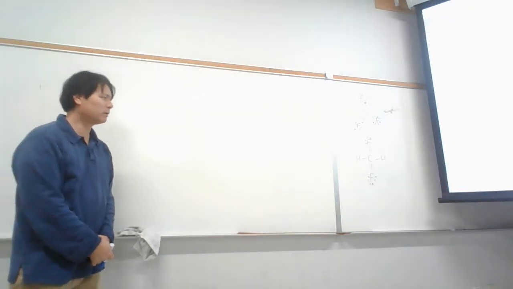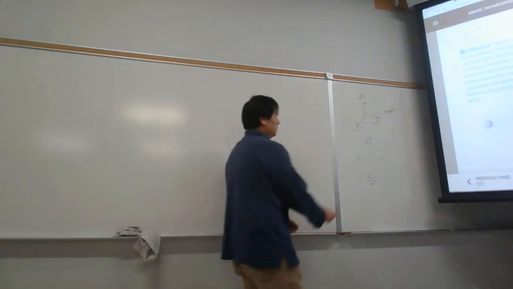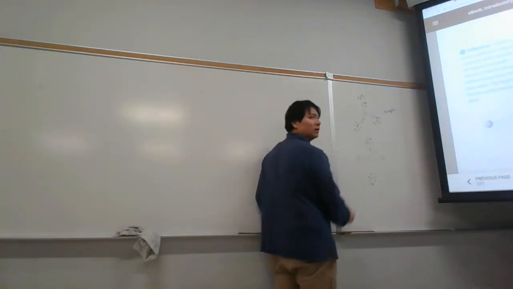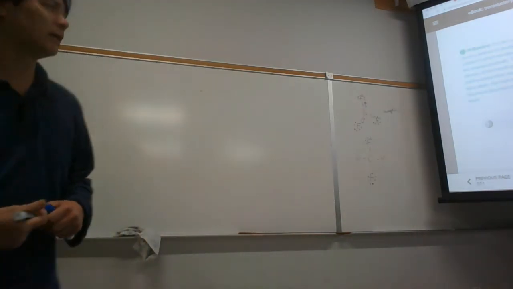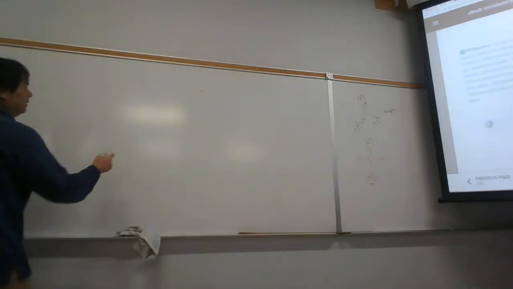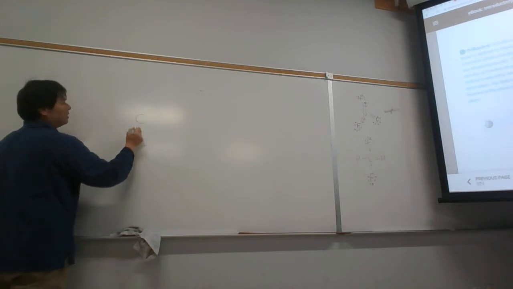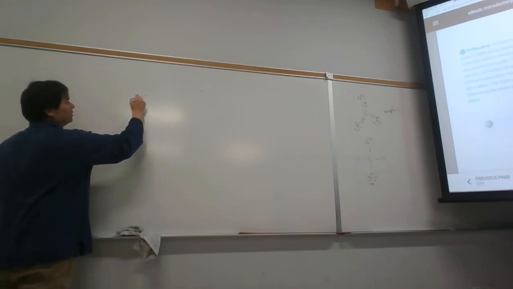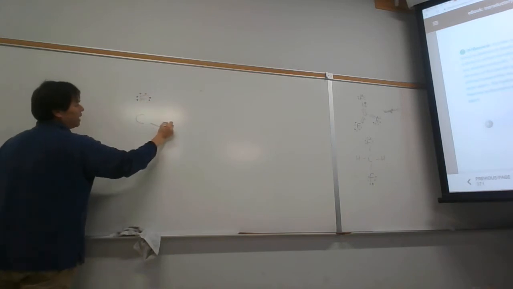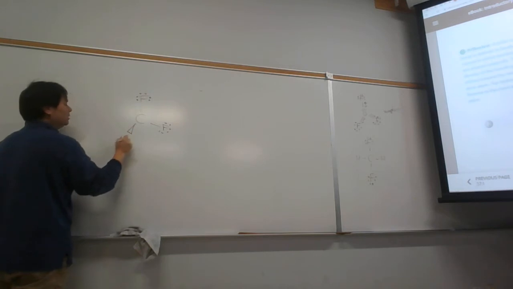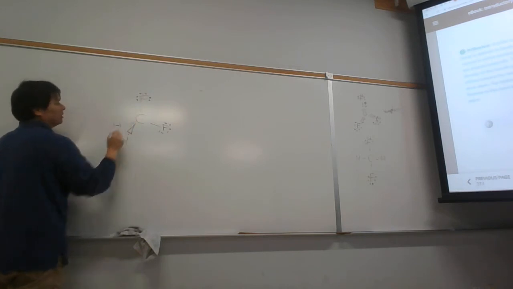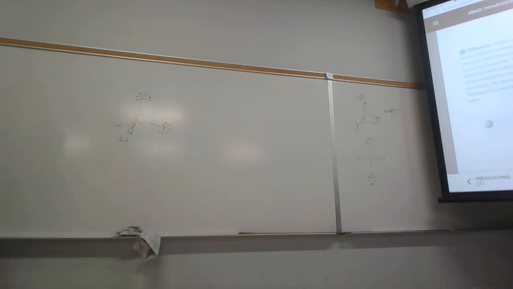Aren't they 180 apart? Are they 180 apart? No. In fact, they aren't 180. What are they? 109. And so if I were to draw this, let's put the fluorines in the plane of the page, 109. That means one hydrogen is going to wedge out and the other hydrogen is going to dash in. Okay, now do they cancel out?